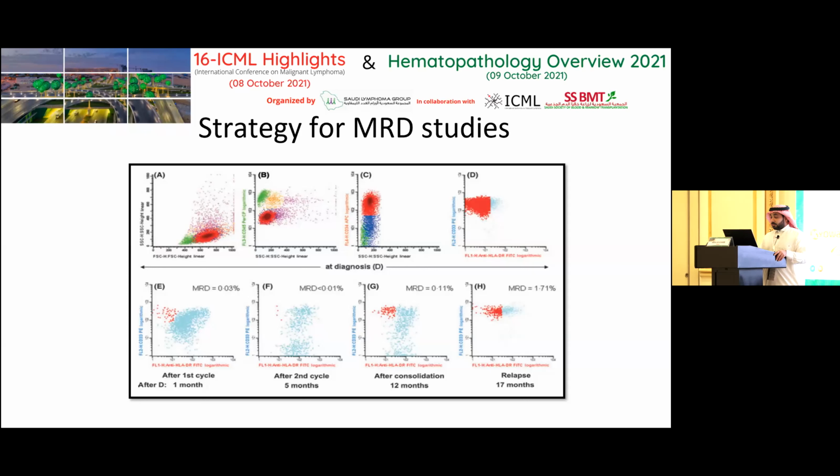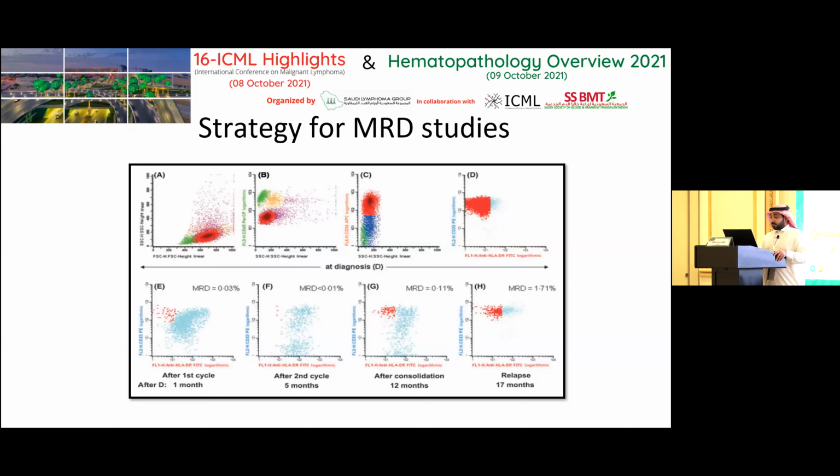Also, in another study, they looked at relapsed and refractory AML. The MRD also helps with the treatment decision for two types of cases, and also the percentage of the MRD.